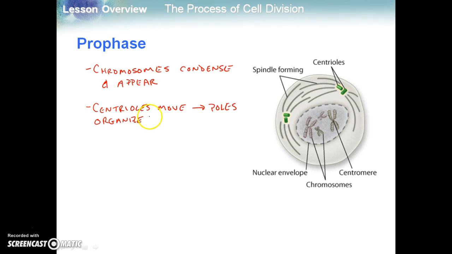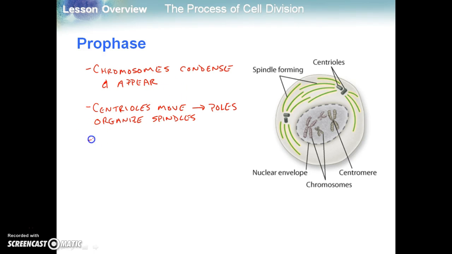These spindles are like bungee cords, which our chromosomes are going to attach to. So here are our spindles. Our spindles form, and the DNA strands attach at the point called the centromere.